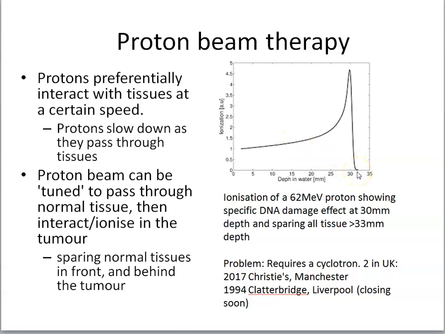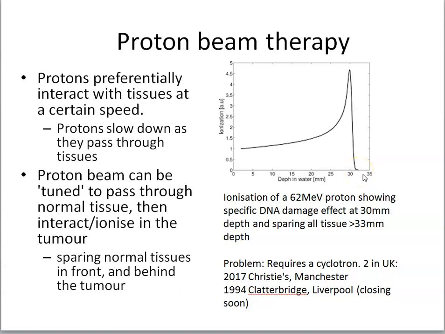The protons don't leave the body, and this is all down to what's called the Bragg peak effect, where photons are fired at the patient. As they go through the patient, they slow down, lose energy, and when they hit a particular point, they suddenly interact and have a very ionizing effect, and then they don't go any further.